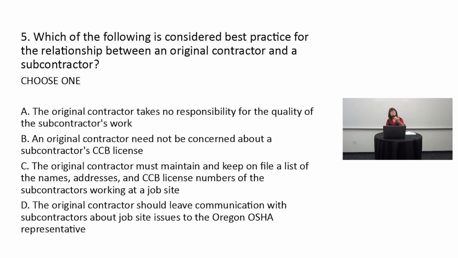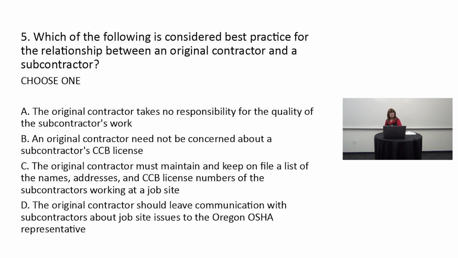C, the original contractor must maintain and keep on file a list of the names, addresses, and CCB license numbers of the subcontractors working at a job site. D, the original contractor should leave communication with the subcontractors about job site issues to the Oregon OSHA representative. Oregon OSHA, the safety people.